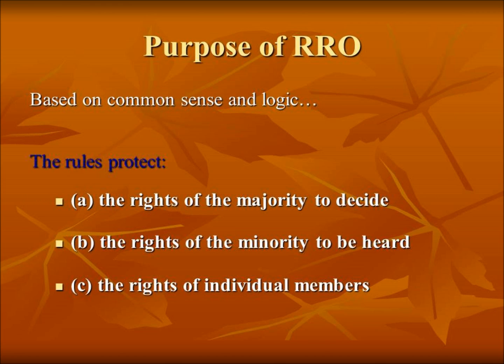The purpose of Robert's Rules of Order is based on common sense and logic. You would come up with a similar kind of process or structure if you had to simply preside over a meeting without any rules whatsoever. You would come up with something similar to Robert's Rules of Order. The rules do the following three things. They protect the rights of the majority to decide.